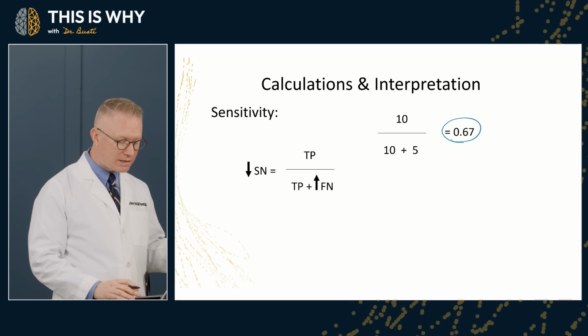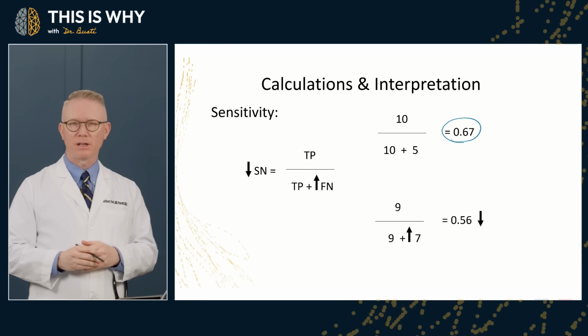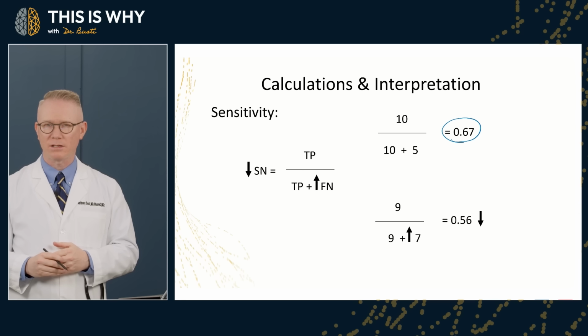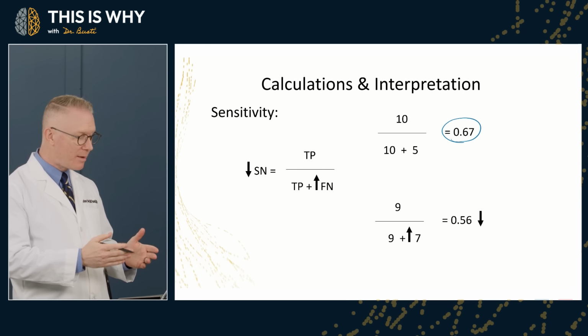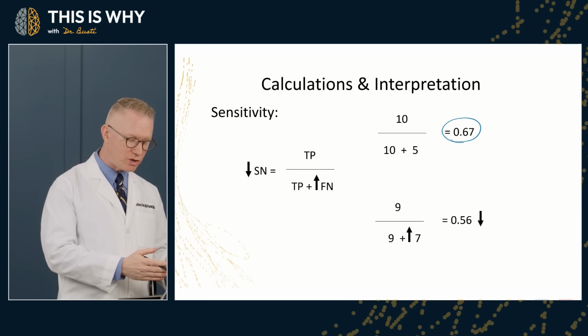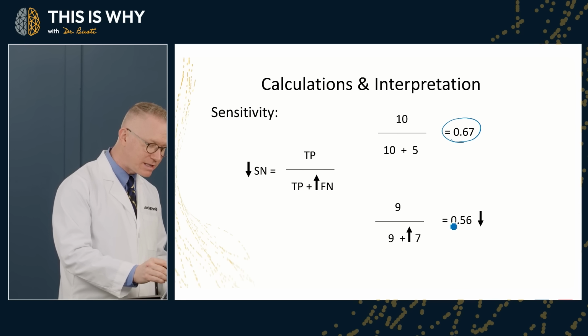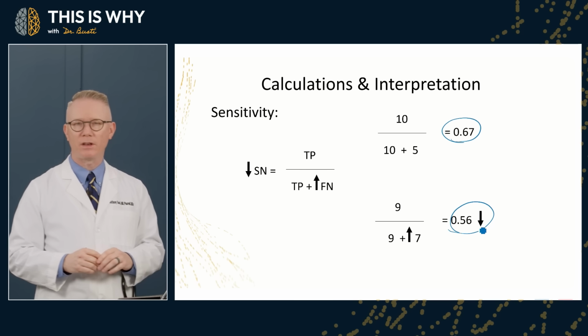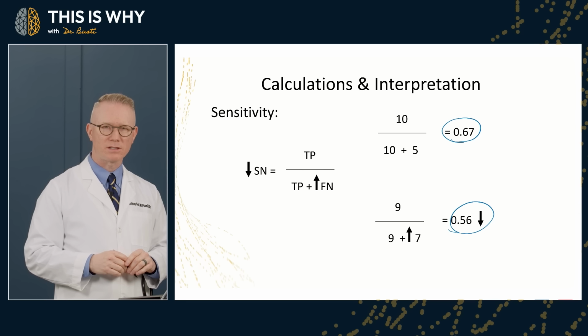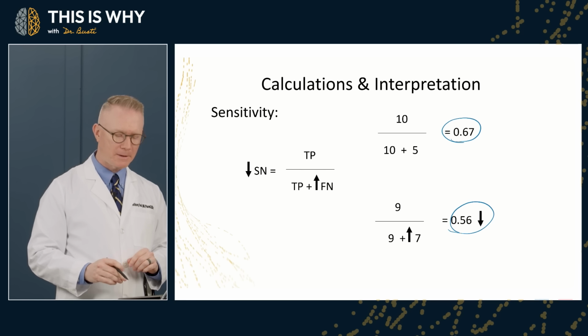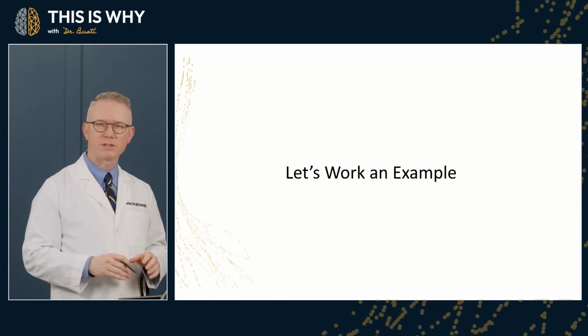But if I raise my false negative rate from 5 to 7, then my numbers change, and my sensitivity goes from 0.67 to 0.56 in that case. Okay? And so the problem with that is that you have more false negatives.